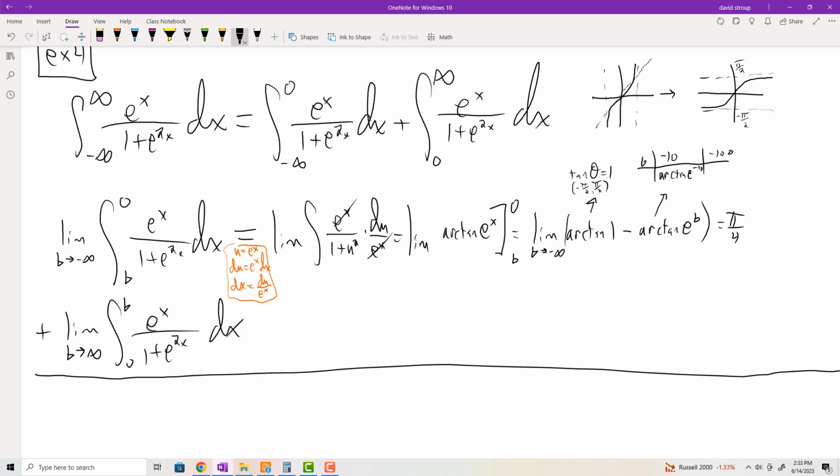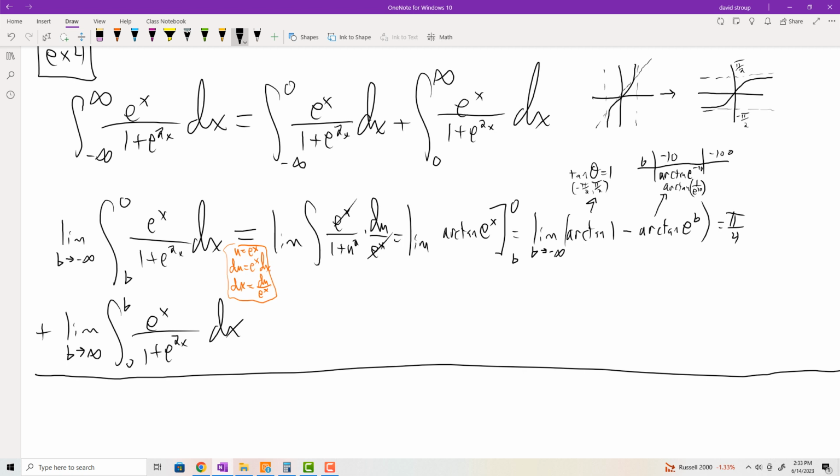That's going to be arctan of 1 over e to the 10, and 1 over e to the 10 is really close to 0. So you're thinking, well, wait a second, it seems like I made a mistake somewhere.